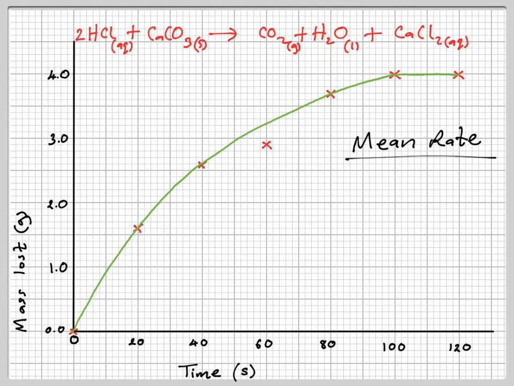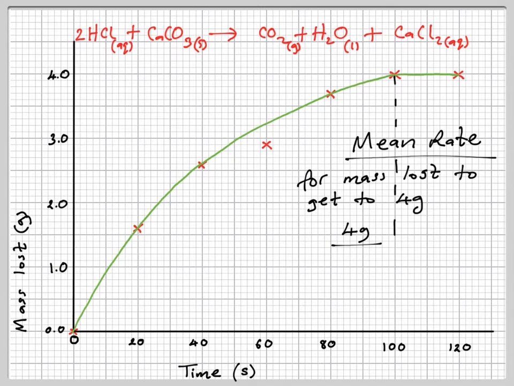To find the mean rate of a reaction, all you have to do is to work out the amount of mass lost and how much time it took. And you divide one by the other. So if we have a look at 100 seconds, over 100 seconds, this particular reaction lost 4 grams of carbon dioxide in that 100 seconds.